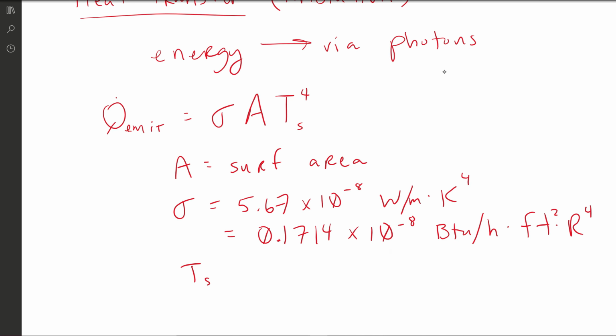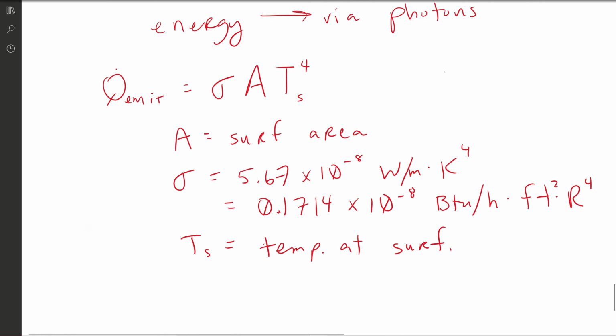All right, and then T sub S is the temperature at the surface. So this is the maximum rate of heat transfer from a surface.